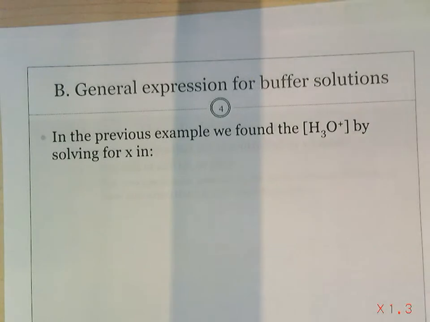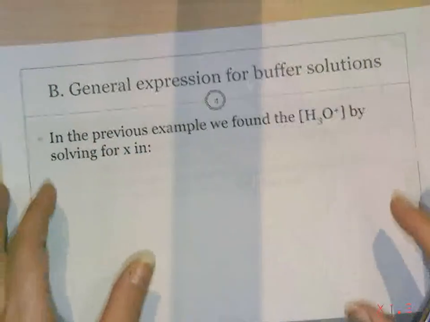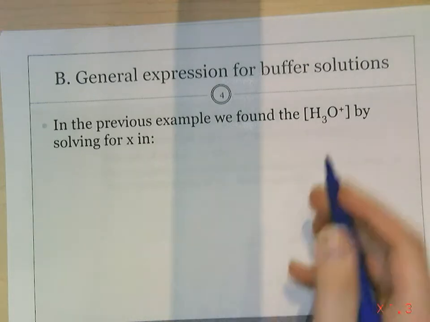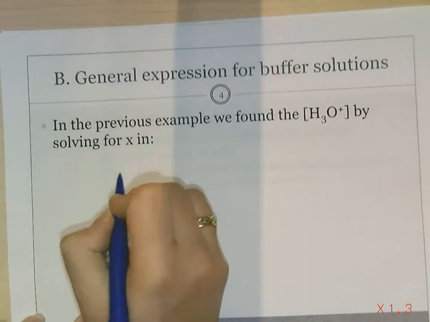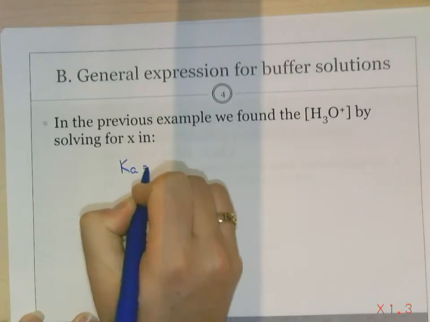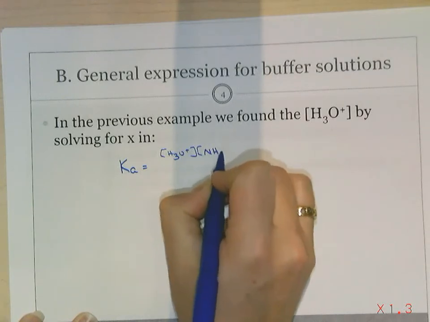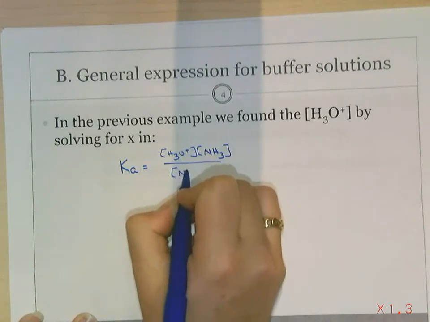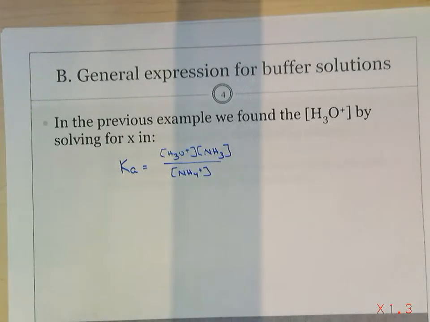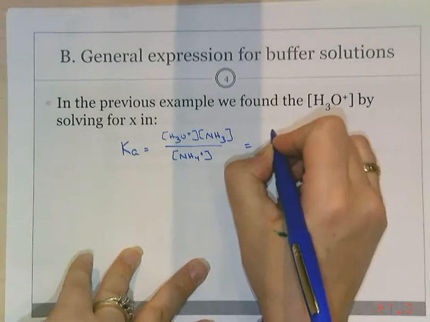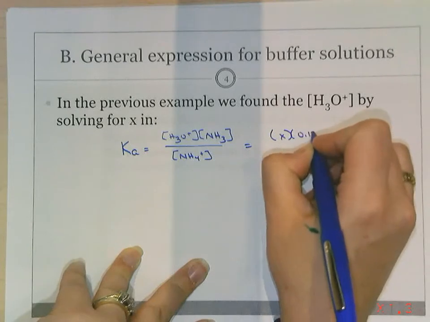Let's talk about some general things about buffers, and then we'll come back and we'll do a bunch more problems. All right, so the problem we just did, we found the H3O plus, the hydronium concentration, by solving this equation. That's what we had in the previous equation, which was x times 0.12 over 0.16.